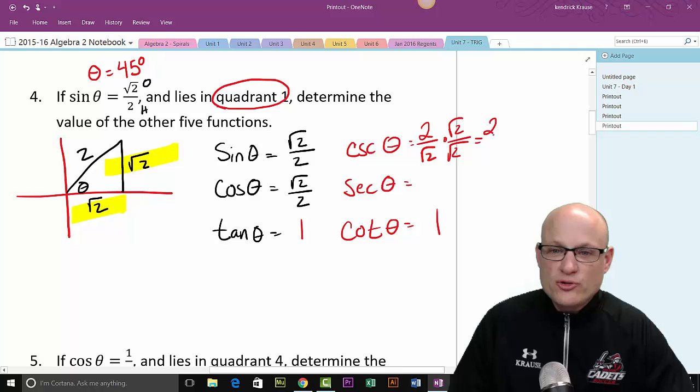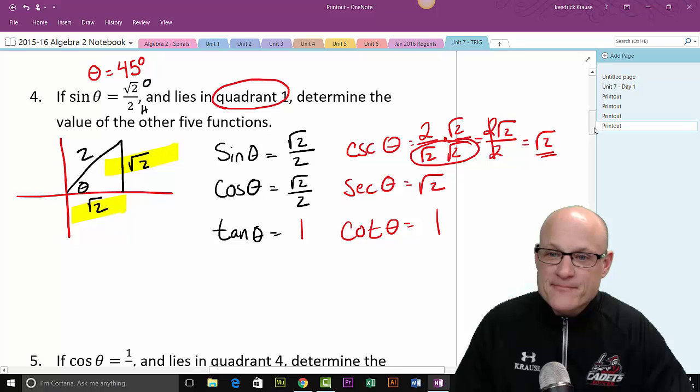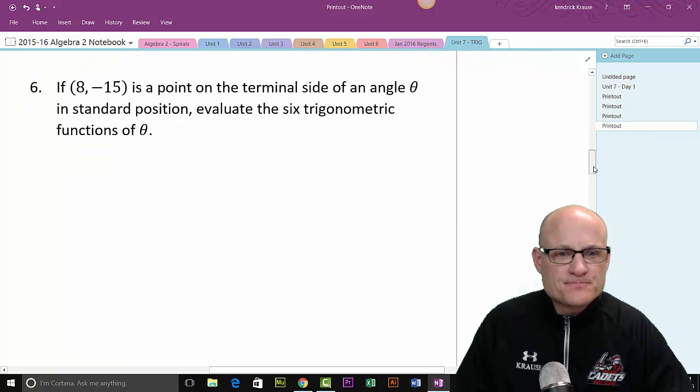That gives me 2 radical 2 over radical 4, which is just 2. These cancel, and I get the square root of 2. So if that's the square root of 2, so is that. Yay! Let's try 6.